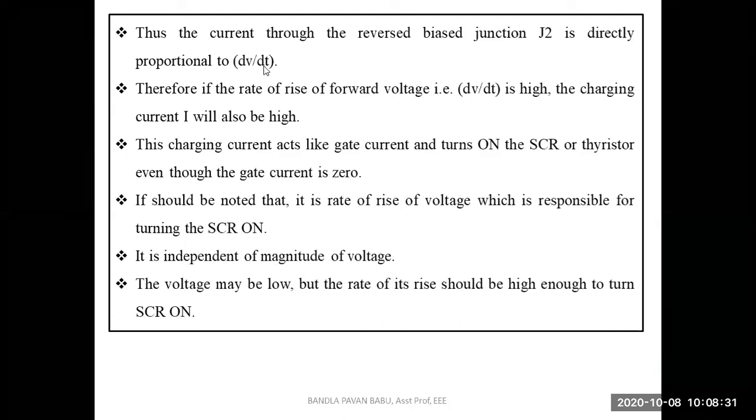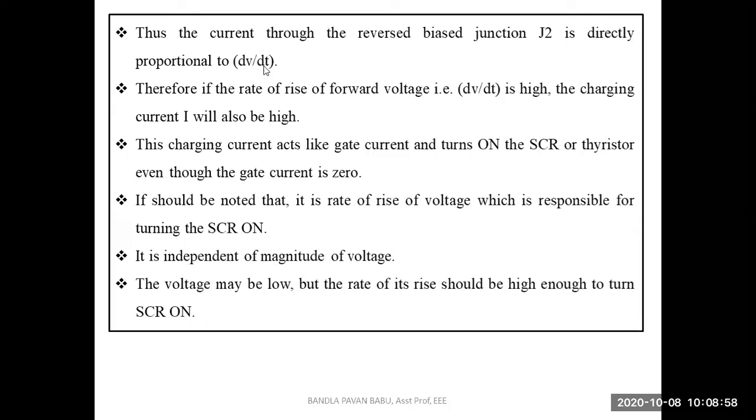Our main objective is to allow the anode current to reach the cathode terminal. So now the current depends on the rate of change of voltage with respect to time. That is the relation I want to highlight here. Now I have to make this anode current reach the cathode terminal.